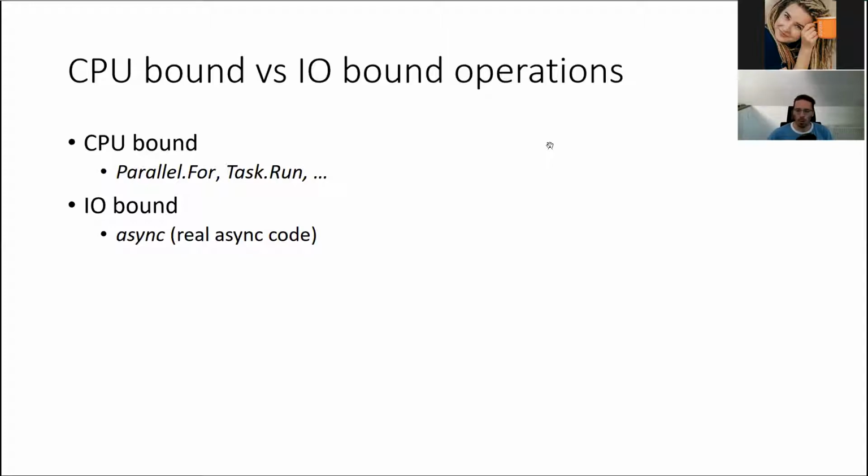But the IO bound operation, that's a real async code, or only a real async code, because there's nothing you can do to make the operation faster, you know? If you are sending the request with ID 5 to the server, there is nothing you can do in your code to make it faster.